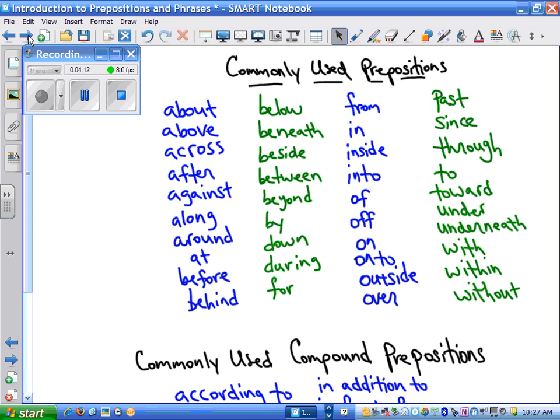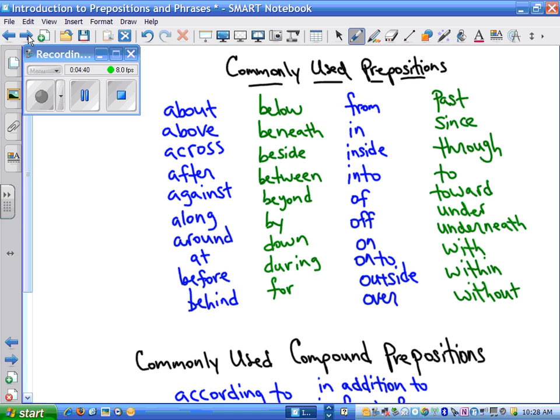So common prepositions, words like about, across, words that are often showing place or direction. Below, beside, between. Also words like for, from, in, of, off, to, with. They're often working as prepositions, if not always.